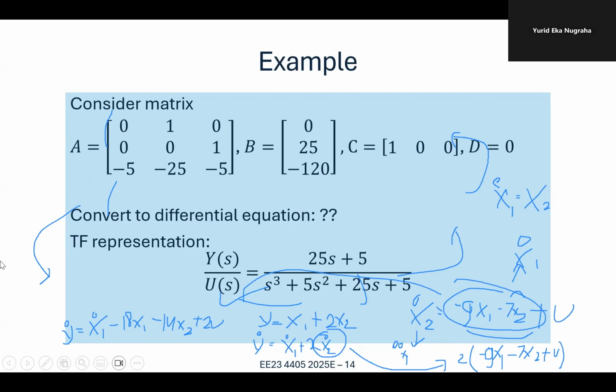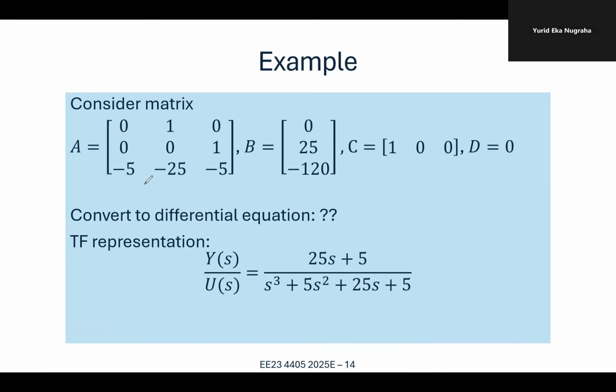So the one that we have here is A is 0, 1, 0, 0, 0, 1, minus 5, minus 25, minus 5, and then B is 0, 25, minus 120, and C is 1, 0, 0, D is 0, and by, so this is, we have 3 times 3 matrix, so the dimension is higher than the previous one.